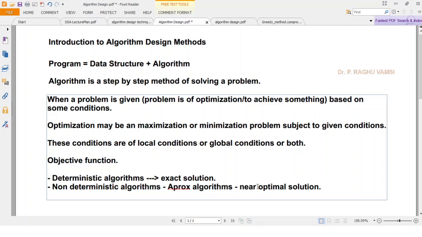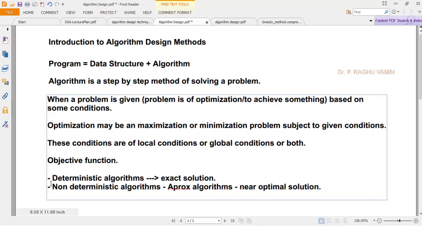What is a near optimal solution? By solving a problem, the optimal solution may be, say, 3 or 4, but you never reach 3 or 4 with non-deterministic algorithms. You may reach near optimal, maybe 3.6 or 3.7, and thereby the algorithm terminates. Whatever final value you get is called a near optimal solution.